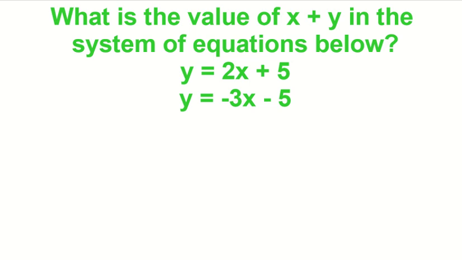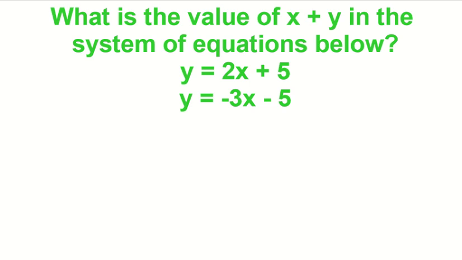This one's asking for the value of x plus y in the systems of equations below. So I got y equals 2x plus 5, and I got y equals negative 3x minus 5.